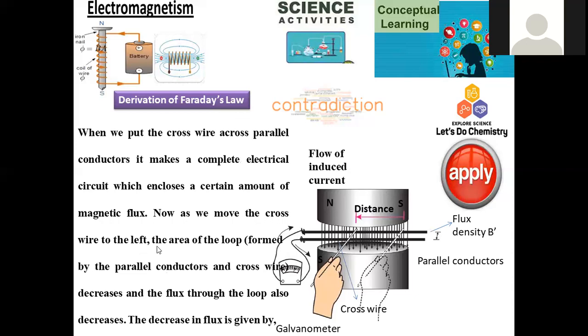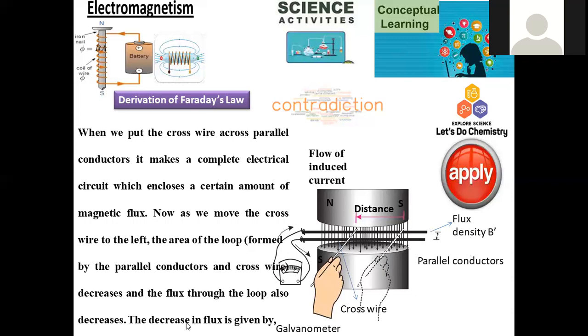As we move the cross wire to the left, the area of the loop formed by the parallel conductors and the cross wire decreases. When the area decreases, the flux also decreases. The area is nothing but the space between the two bar magnets. So there is a decrease in the flux as well.